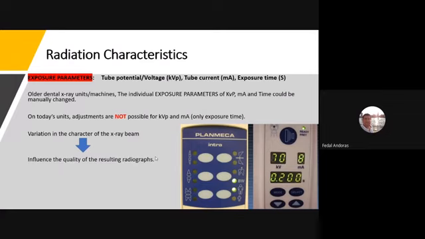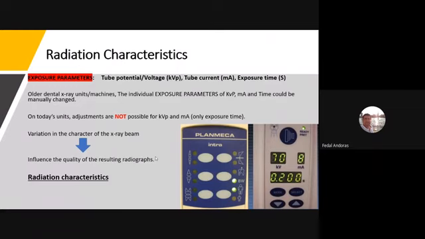Of course, when you use high KV or high mA or increasing the exposure time, you will get a darker film. When you have these parameters lower, you will get a film with low density, more lighter. But we have to reach an agreement of an image to be resembling the area of interest, not too light, not too dark, to see the density and the contrast.